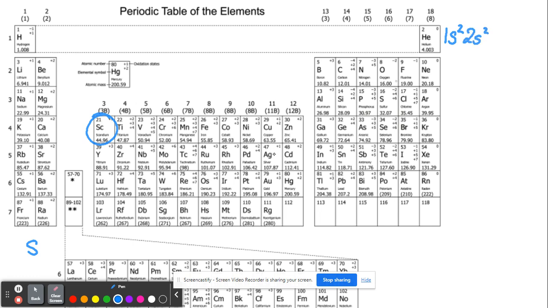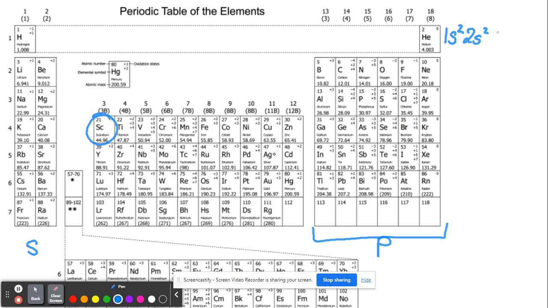Then what's next? Well, this is my P block of the periodic table. There are 1, 2, 3, 4, 5, 6 elements in the P block, and each orbital can hold 2 electrons.